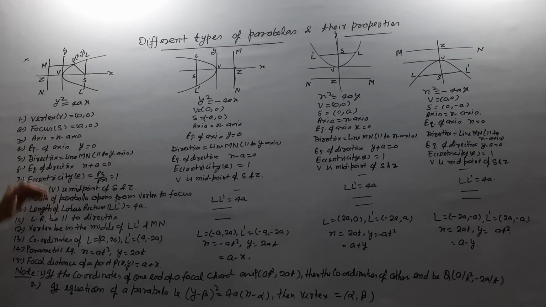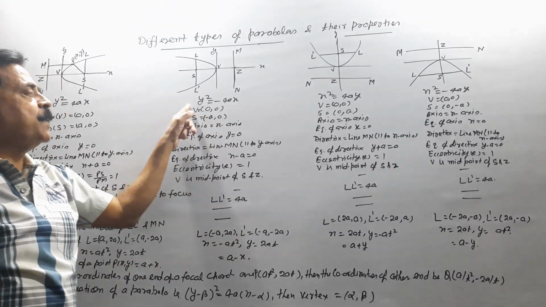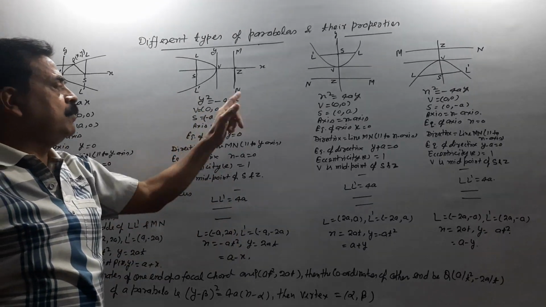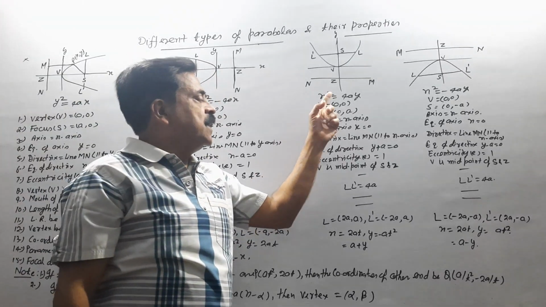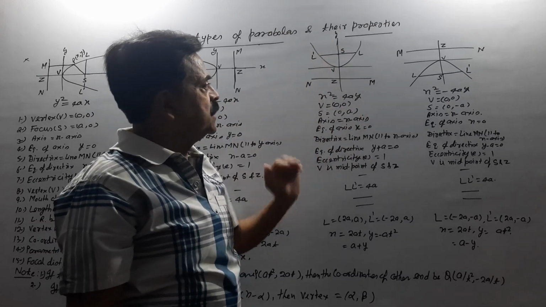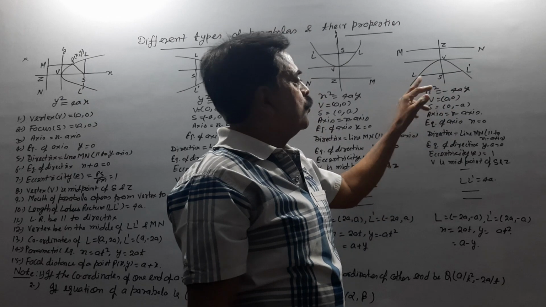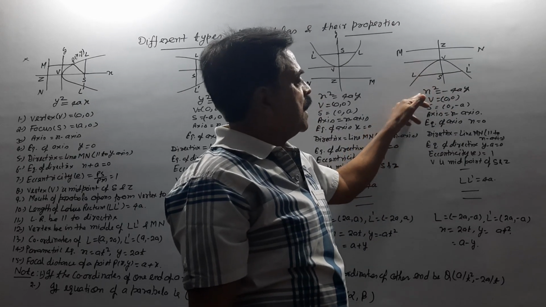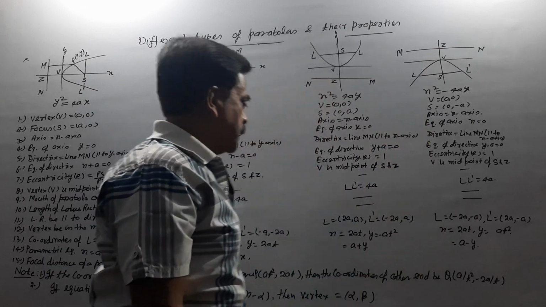These are the properties of this parabola, and these are the properties of the parabola whose equation is y square equals minus 4x, and the picture is this. The third kind of parabola is x square equals 4ay, and its figure is this. Next, the fourth standard equation of a parabola is x square equals minus 4ay, and its picture is this.